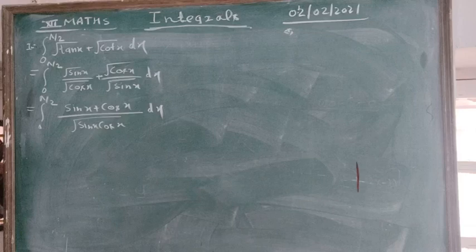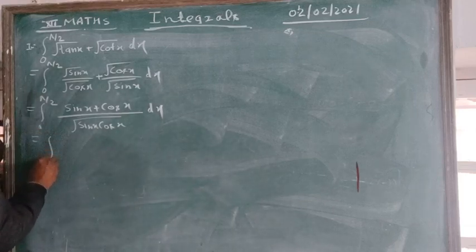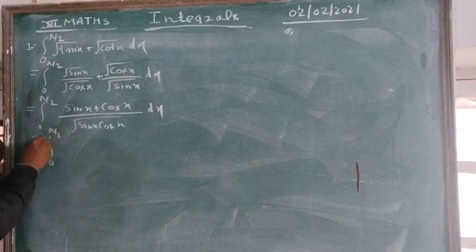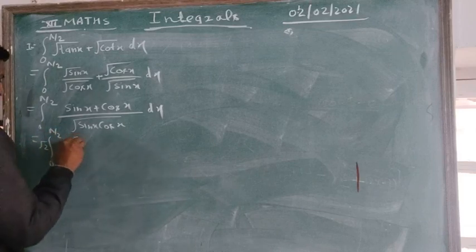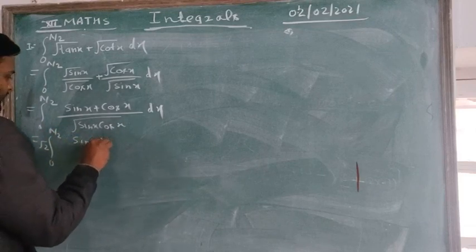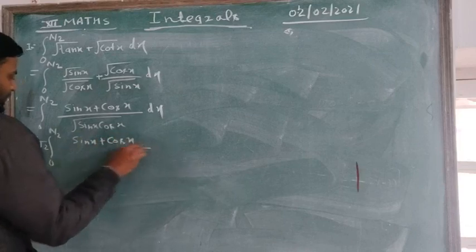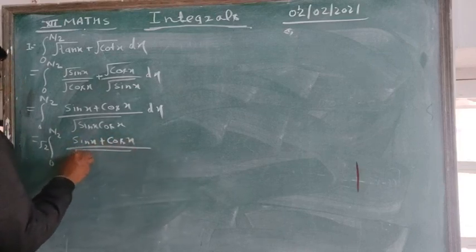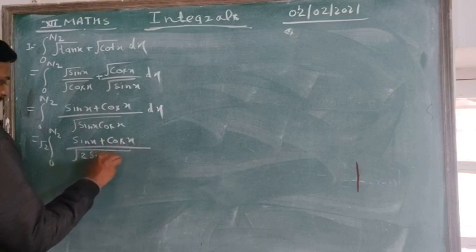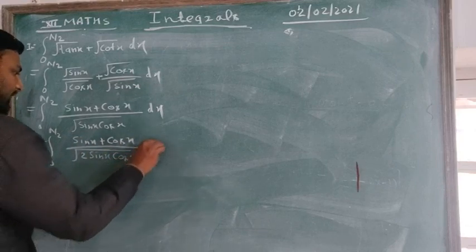Okay, students, now we can multiply and divide with root 2, so we get sin x plus cos x by under root 2 sin x cos x dx.